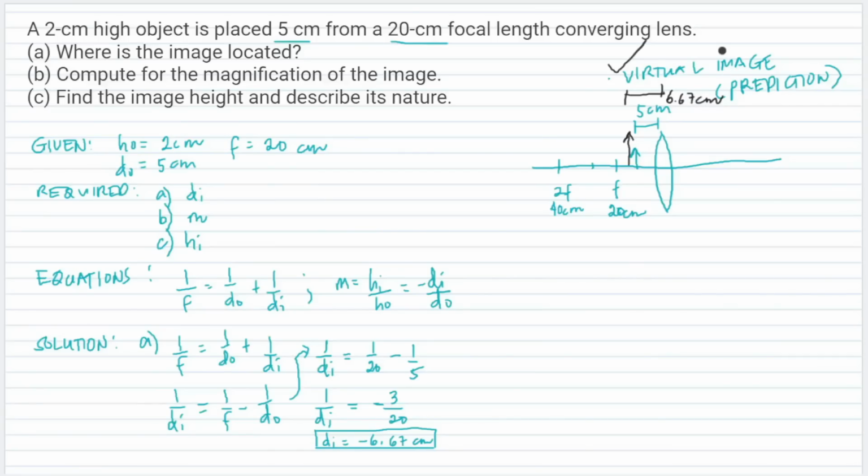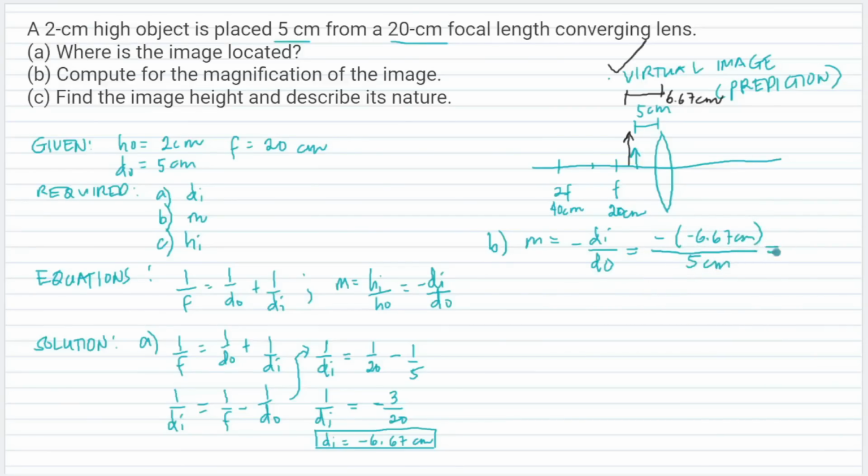So, let's go now to letter B. We are asked to compute for the magnification of the image. So, kung lumaki ba siya and by how much. So, M is equal to negative DI over DO since we already have these values. So, negative times negative of 6.67 centimeters all over 5 centimeters.